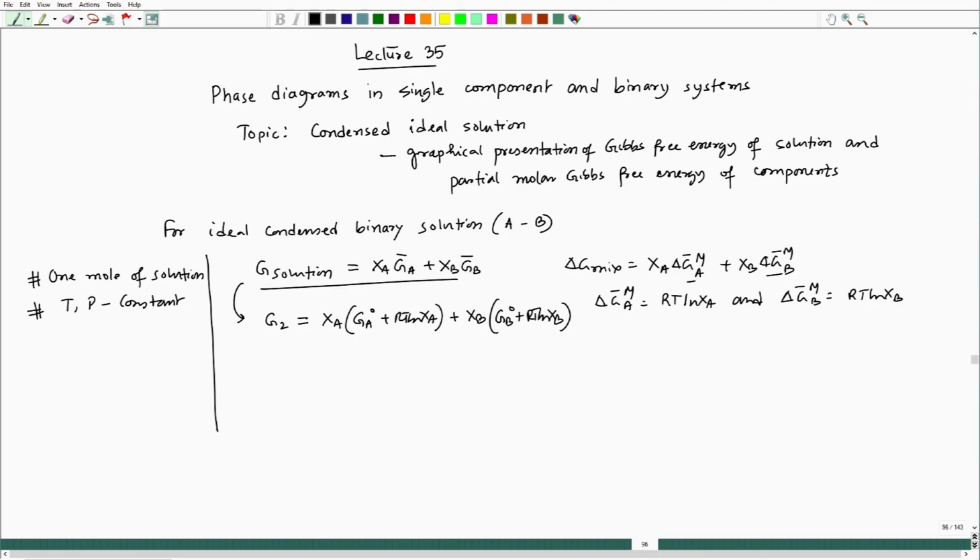Since we are talking about condensed phase, let us take one more consideration. Let us take P to be 1 atmosphere.